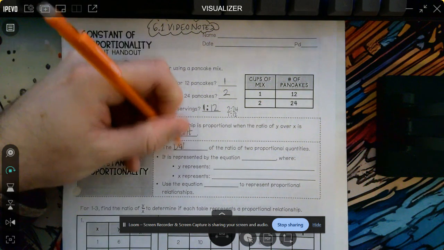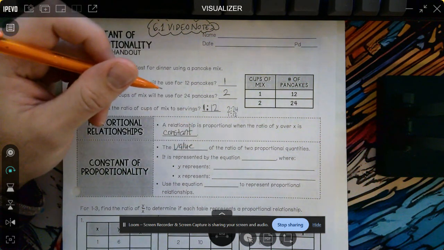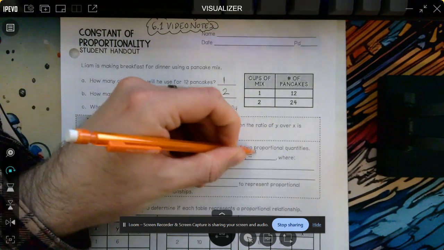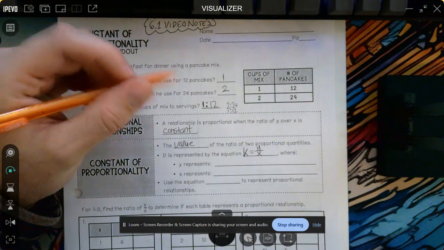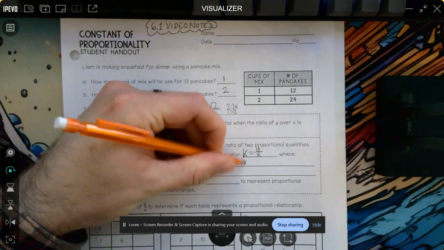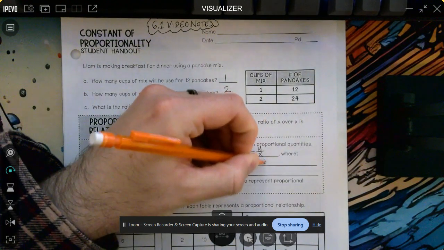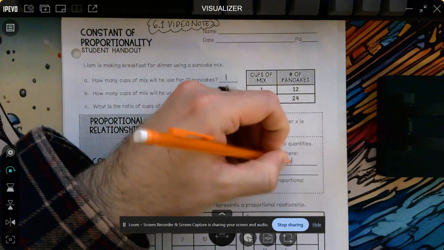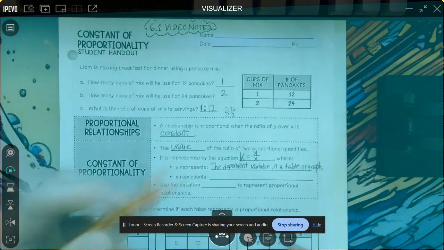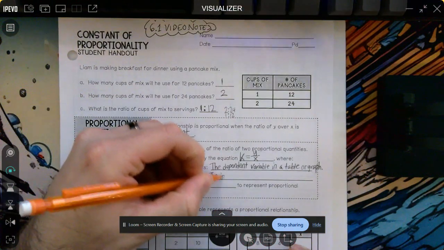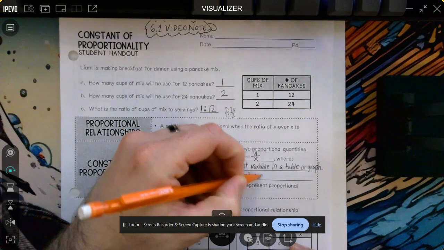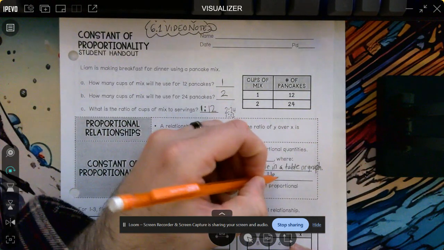The value of the ratio of two proportional quantities is represented by the equation k equals y divided by x, where y represents the dependent variable in a table or graph, and x represents the independent variable in a table or graph.